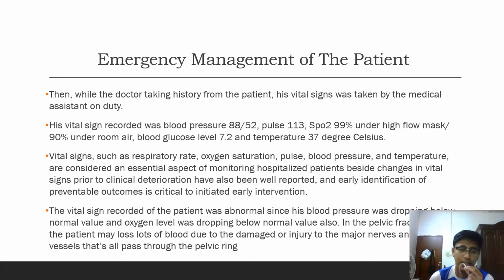The vital signs recorded of the patient were abnormal, since his blood pressure was dropping below normal value and oxygen level also was dropping below normal value.